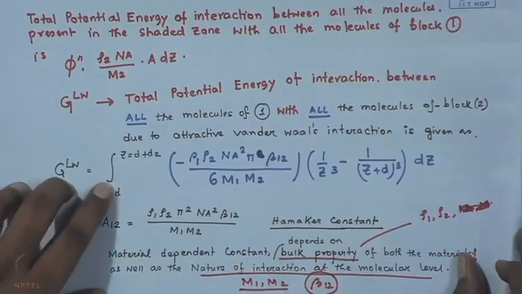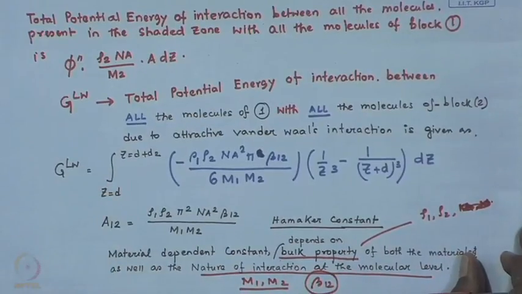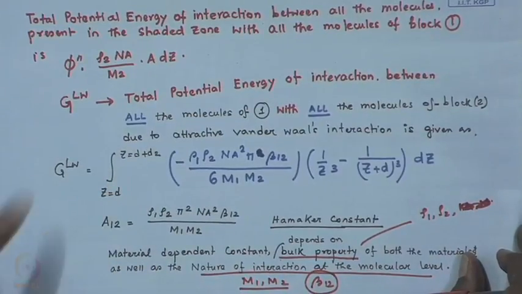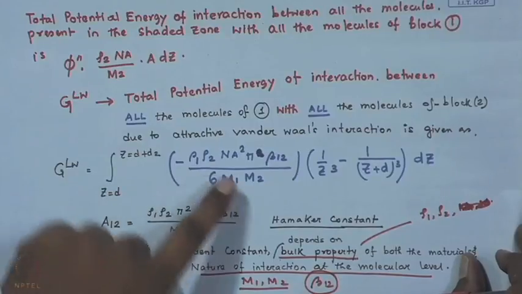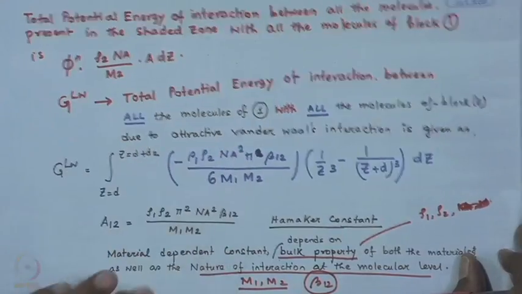So, if you replace the expression of the Hamaker constant in this integral, you have a pi square over there, so a pi comes in the denominator.